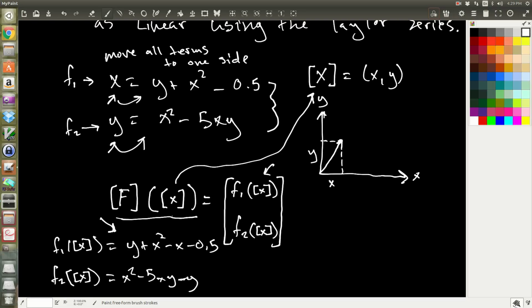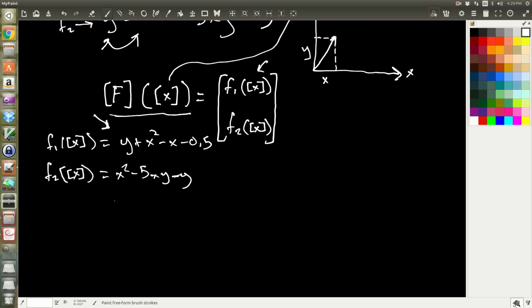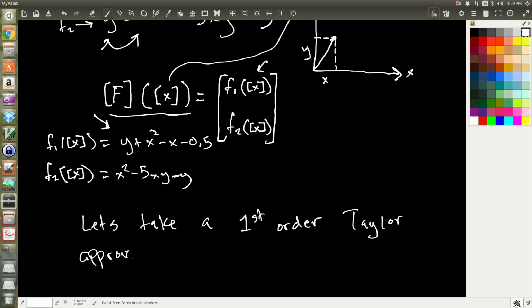So now what I need to do is take a Taylor series expansion. So let's take a first order Taylor approximation for our big vector valued function f, that takes a vector x.